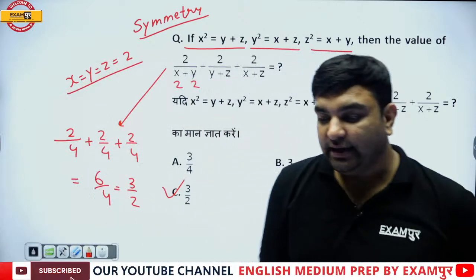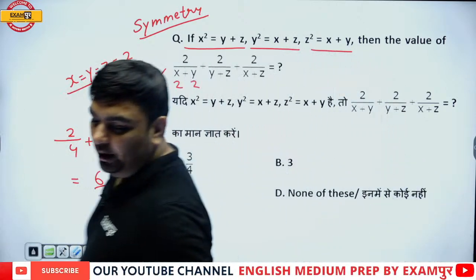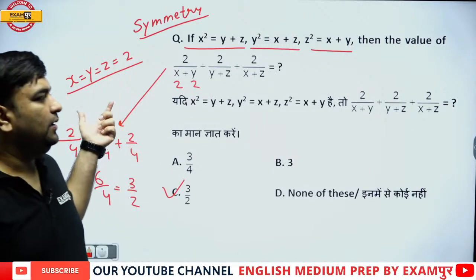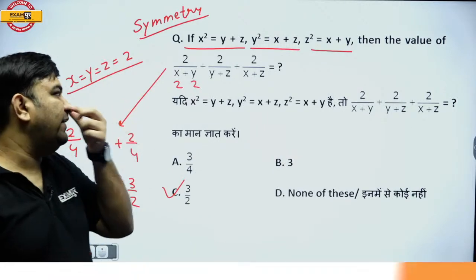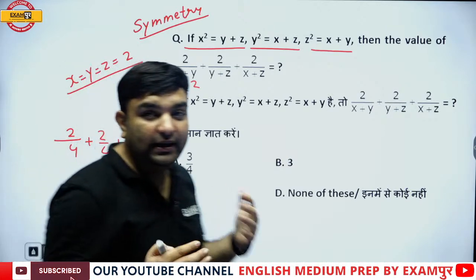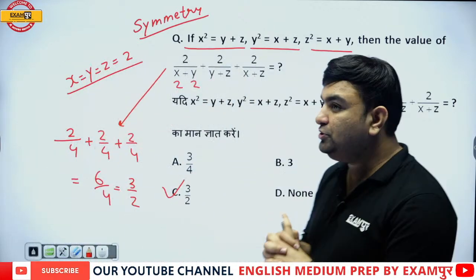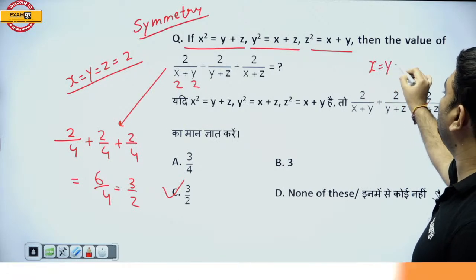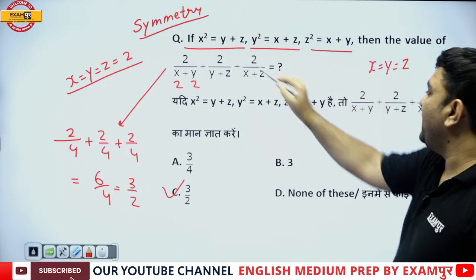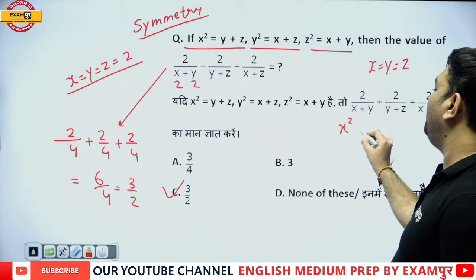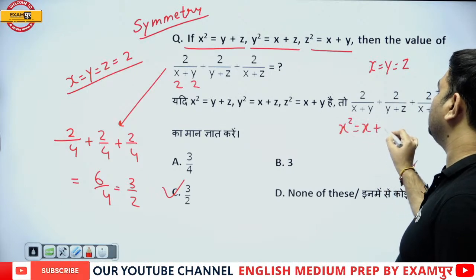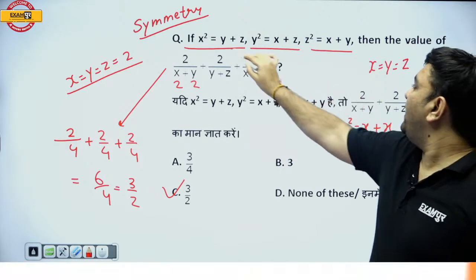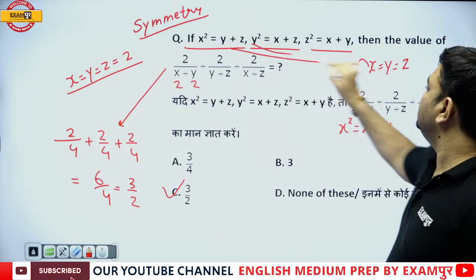However, in any case, if you are not able to identify it, then you can take x is equal to y is equal to z. In such a manner, x square will become equal to x plus x, because y and z both are equal to x.